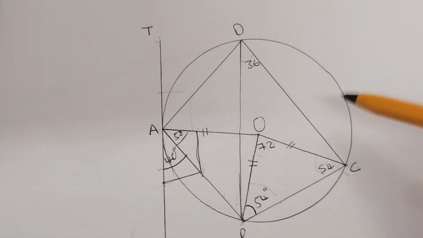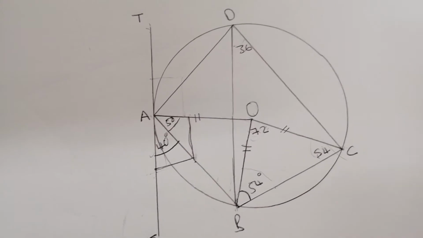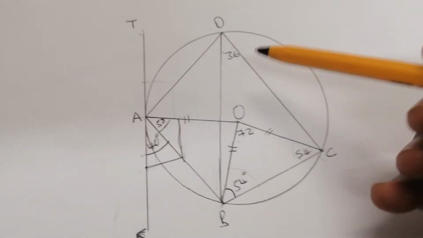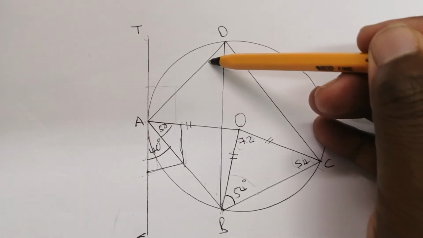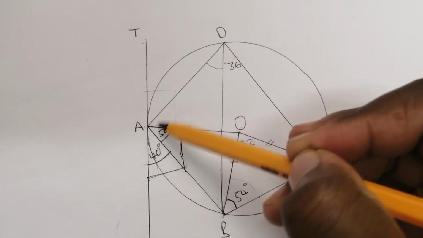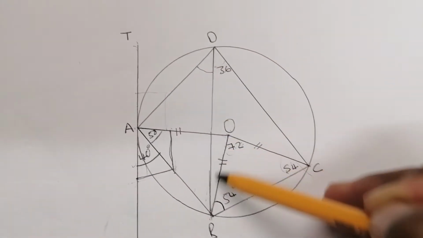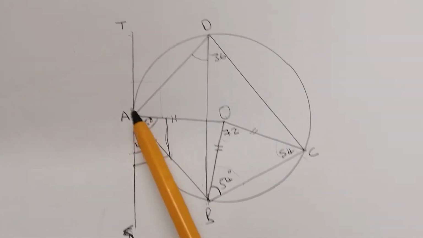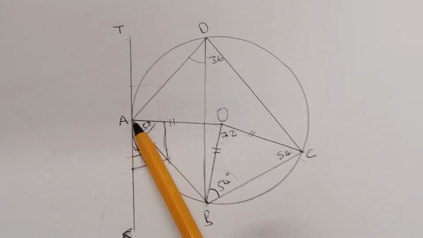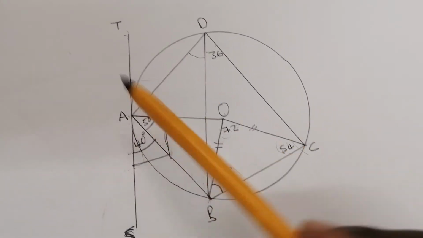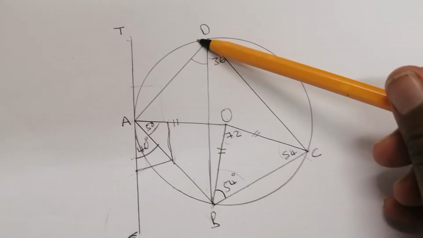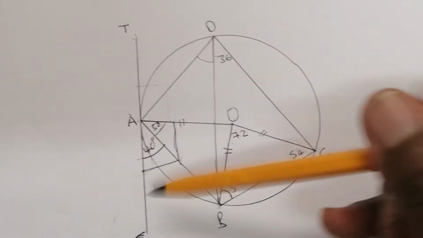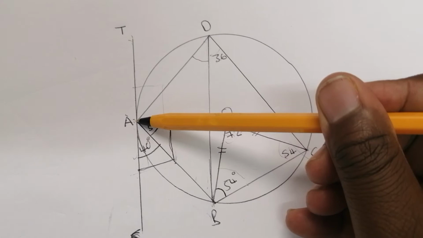Then whenever there is a tangent, we also have to look for alternate angles being equal. So alternate angles, on this triangle, because it meets at A. So what's the triangle that meets here?